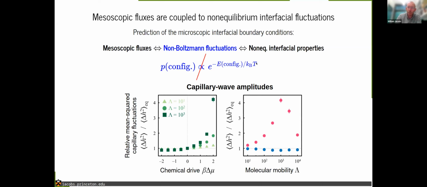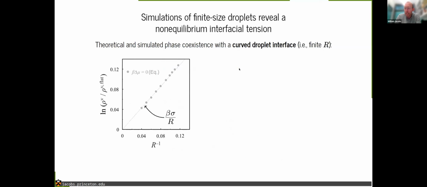So the key point here is that at all scales of these systems, you are out of equilibrium. If you have non-equilibrium interfacial properties, then you have steady state fluxes and vice versa. And the last thing that I want to point out is that it's really essential to describe these non-equilibrium interfacial properties if you wish to describe the properties of finite size droplets.